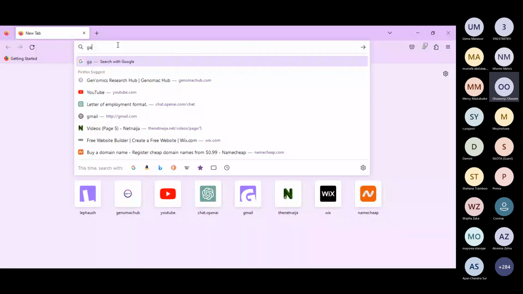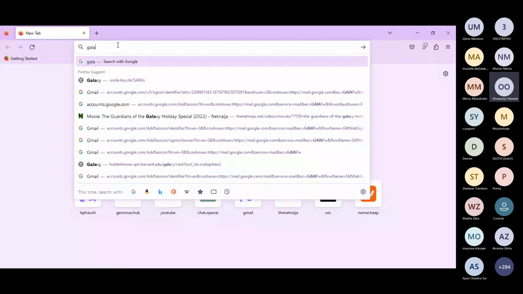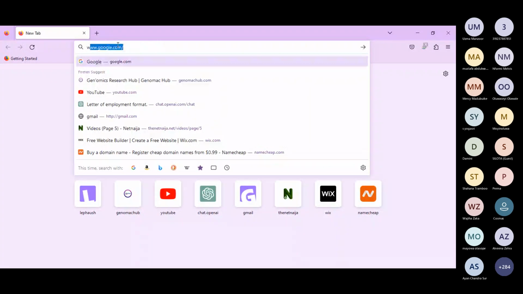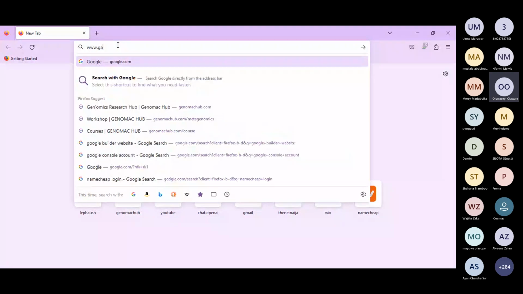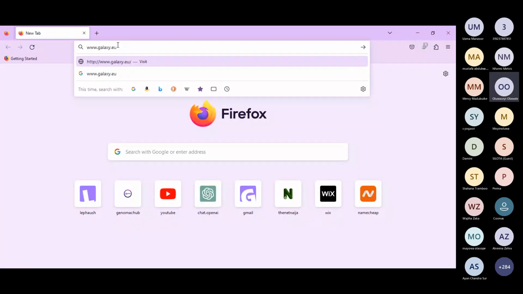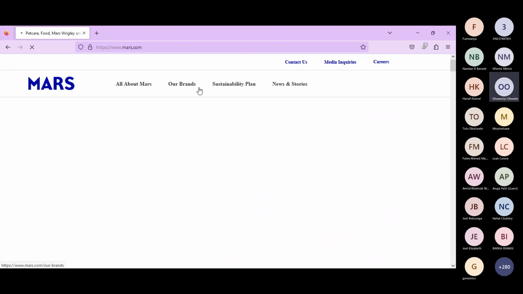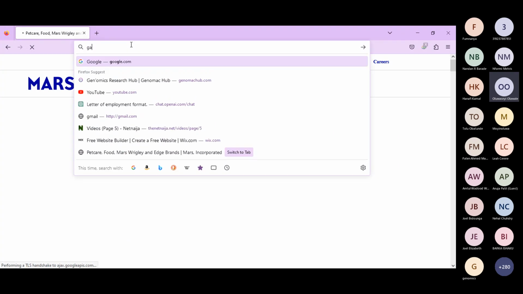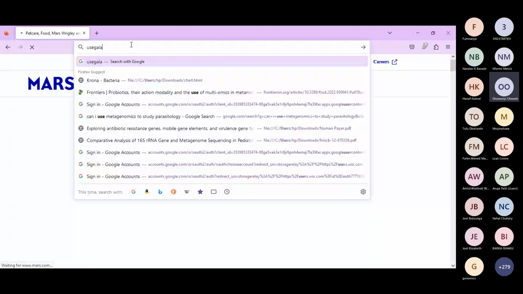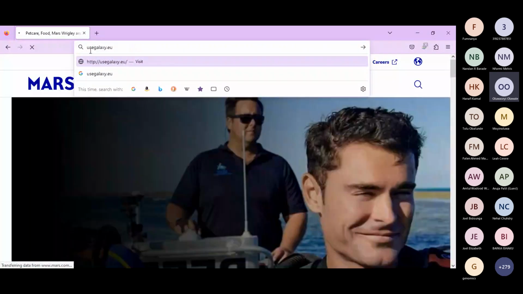So search for usegalaxy.eu. Sorry, let me search that again. It's usegalaxy.eu.